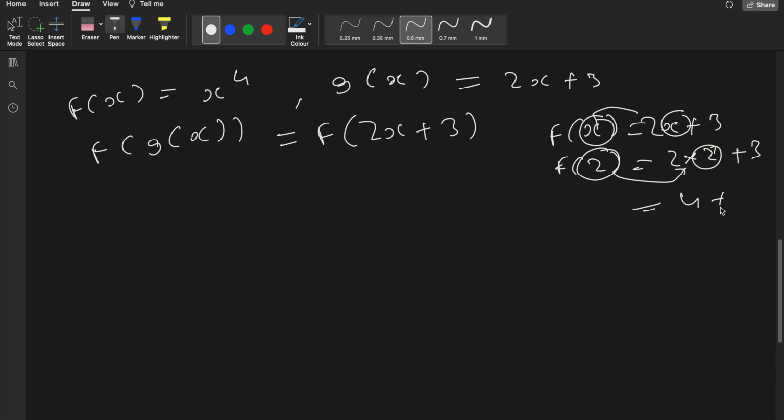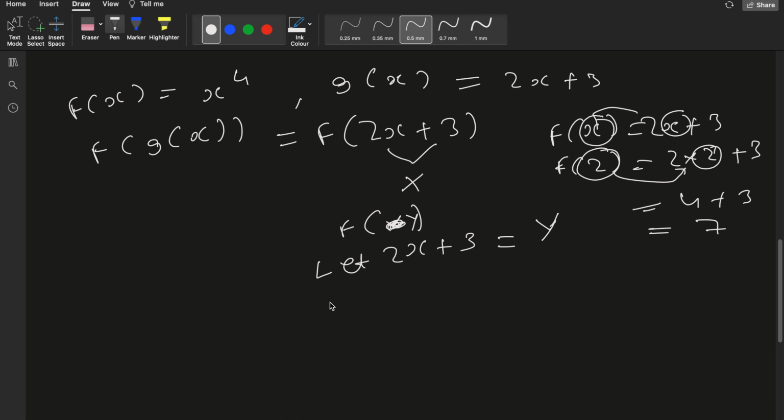So that would be 4 plus 3. And in a very similar manner, you'd just consider this as capital X. So if you write f of x, let 2x plus 3 equal, actually let's take y because it's very distinct from x.